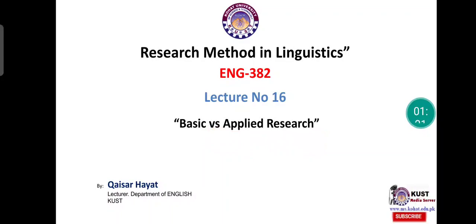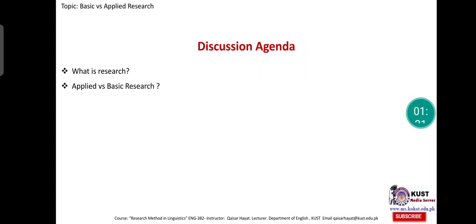So let's go to the discussion agenda. In the discussion agenda, first of all, as I said, we would try to know what is research. After it, applied versus basic research, we would try to understand them in detail, in depth, and the function of basic and applied research.